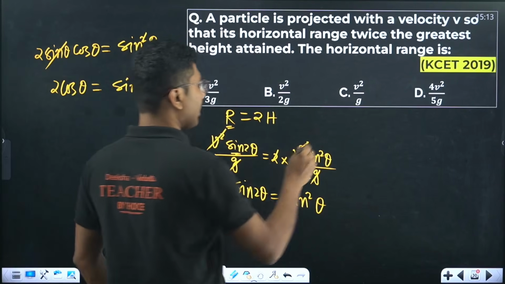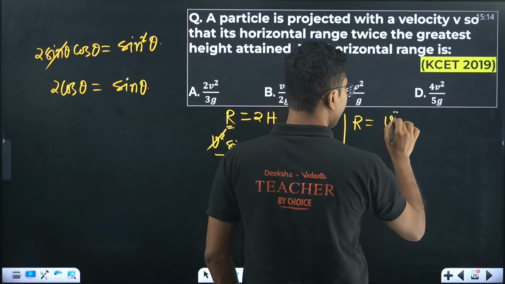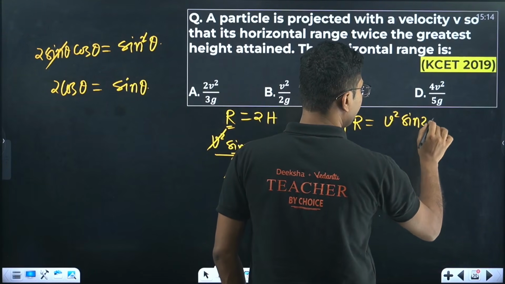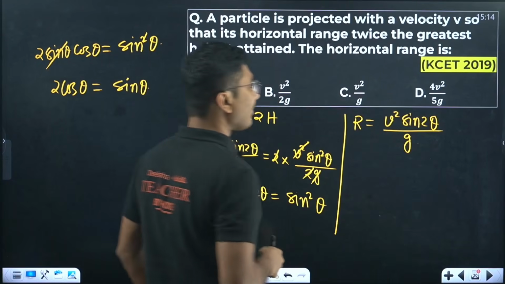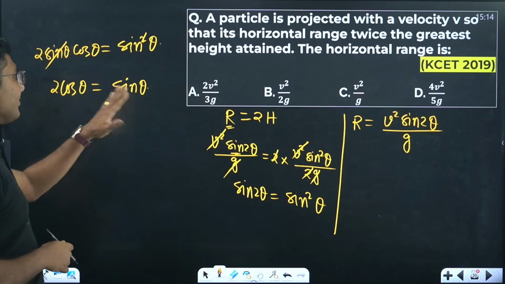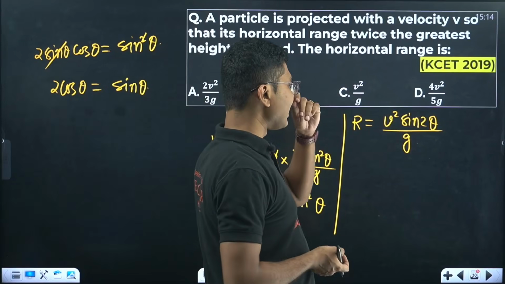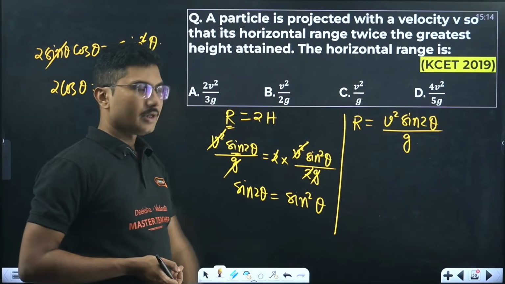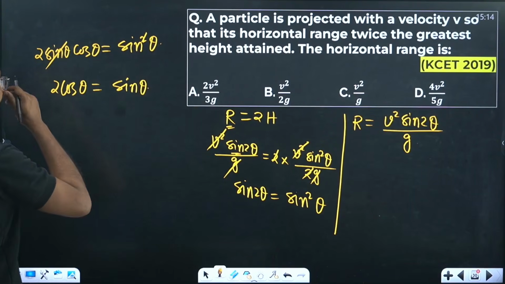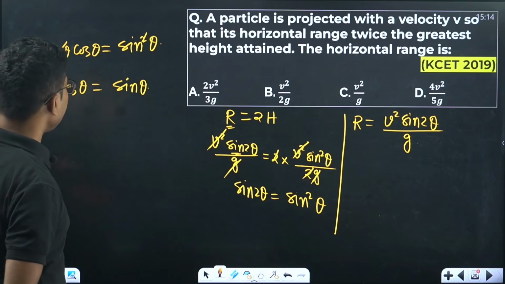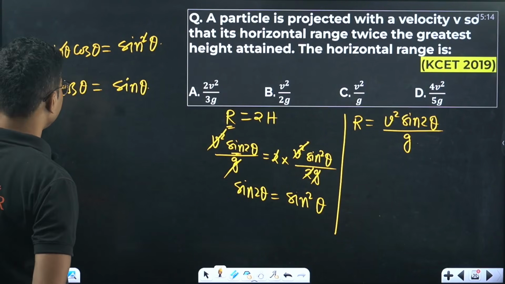What is the horizontal range? By the way, horizontal range, as I mentioned, is v square sine 2 theta upon g. Now if you can find the value of sine 2 theta using these equations, then you can get the answer. Obviously it is not 45 degrees, so you cannot say this is the maximum value. But how can we calculate sine 2 theta using this relation?